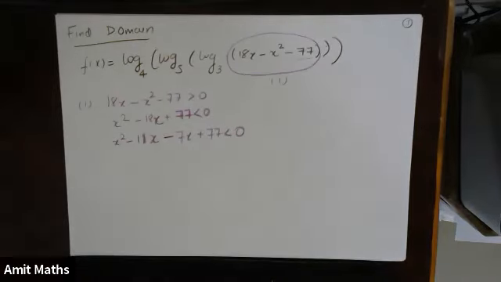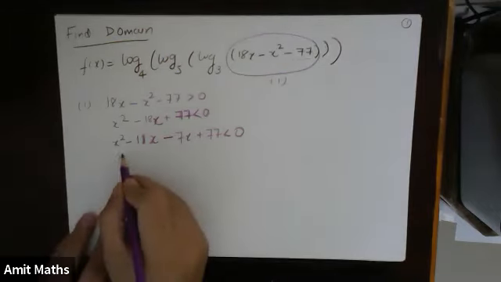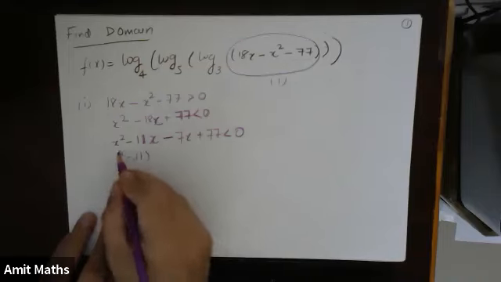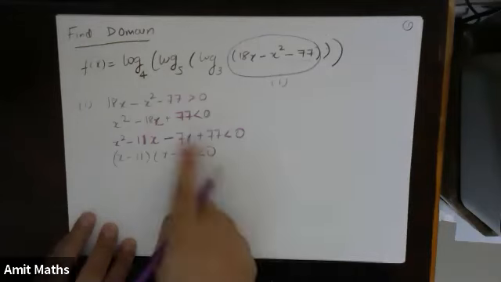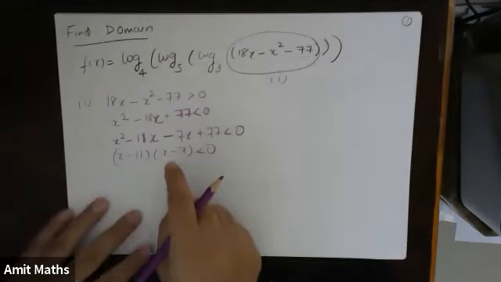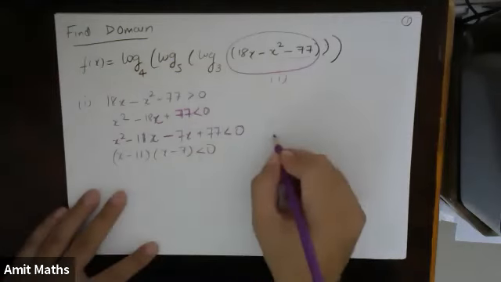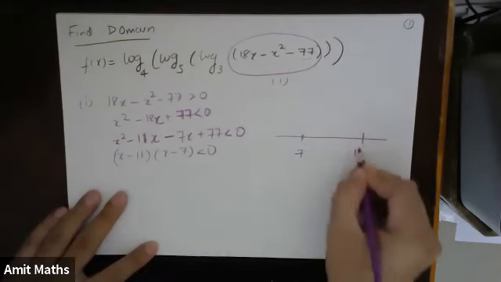From this I can use the wavy curve. The factors are x minus 11 into x minus 7 should be less than 0. I arrange the factors in ascending order: 7 and 11.